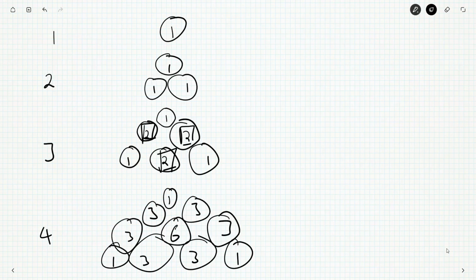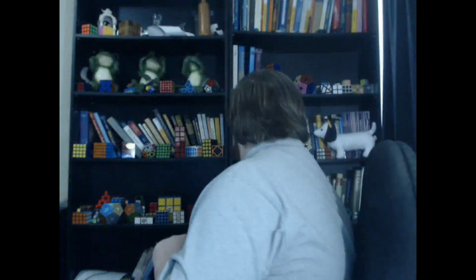Now, something that immediately draws my eye is look at the outsides here. I get 1, 1, 1, 1, 2, 1, 1, 3, 3, 1. So if I was just looking at the side of, you know what? We can... Rubik's Cubes, or I guess Rubik's tetrahedrons.